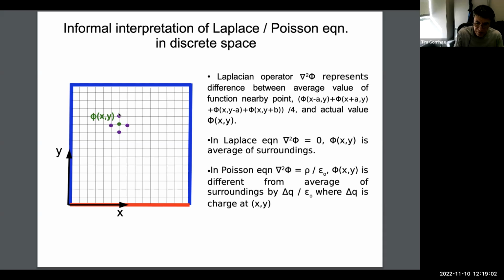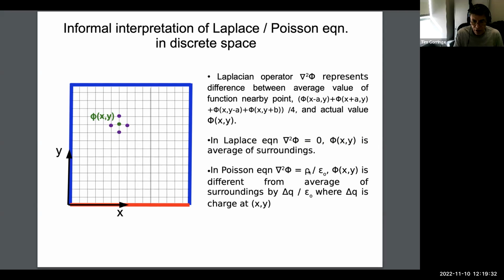So that's what Laplace's equation means. And it ensures that statement about the value of the function at the point xy being equal to the average of the neighboring points is true everywhere throughout the region of space which the Laplace equation is applicable to.